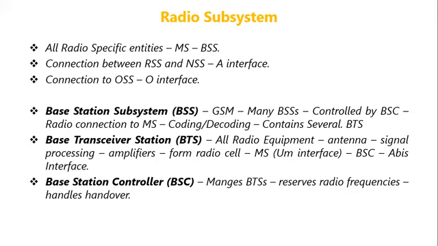The BTS will be connected to the mobile station through an interface, and that interface is called the Um interface. It will be connected with the BSC through an interface called the Abis interface. The Um interface contains all the mechanisms necessary for wireless transmission, like TDMA and FDMA. Whereas the Abis interface consists of a 16 or 64 kilobits per second connection.